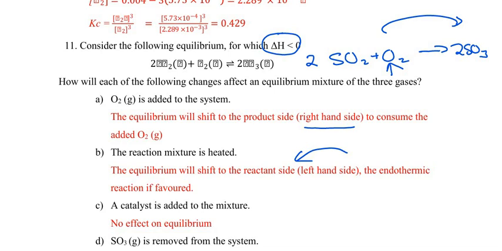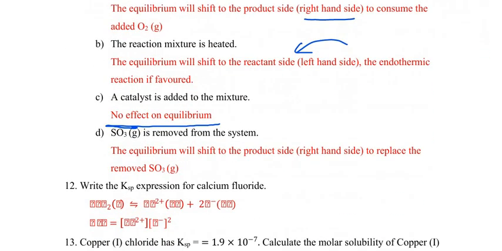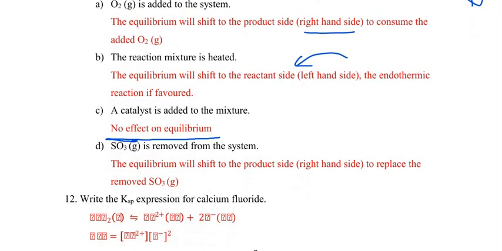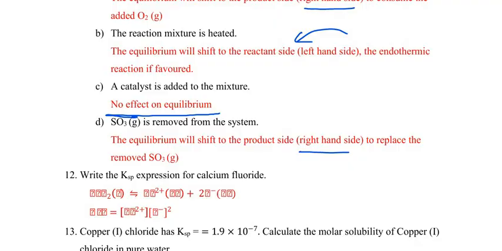So when you're adding heat, we're going to have a left shift. Then a catalyst, meaning nothing happens. We remember we said there is no change when you add a catalyst. Then the sulfur trioxide is removed. When you remove this, you're reducing it, so you're going to have a forward reaction, which will just be a right-hand side.